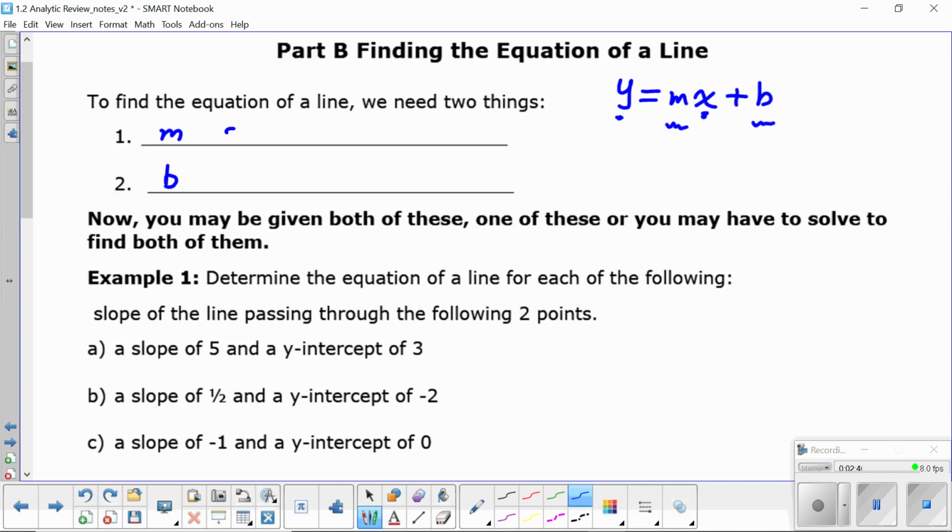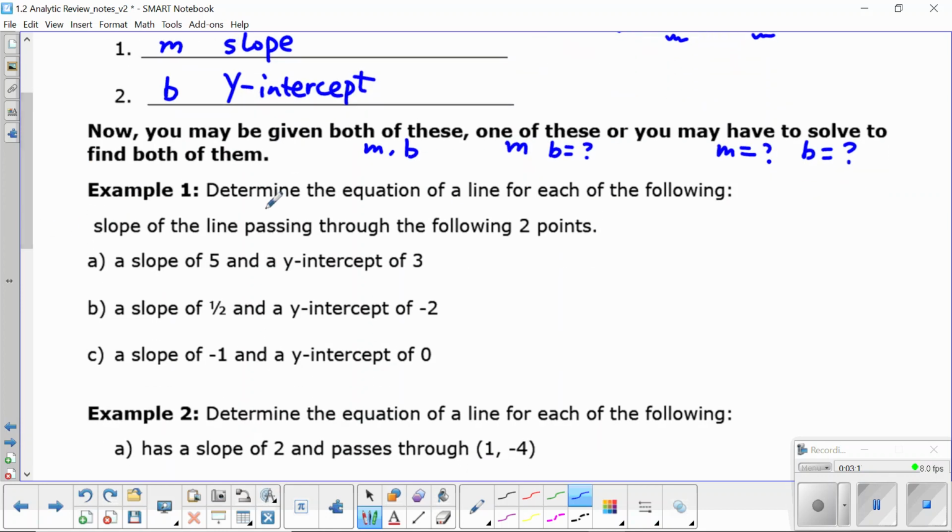We need two things: the slope and the y-intercept. There are several types of questions. You may be given both, that is example 1. Or one of them is given, so you are given m but b is unknown. Or you may have to solve to find both, so both m and b are unknown. So there are 3 types of questions.